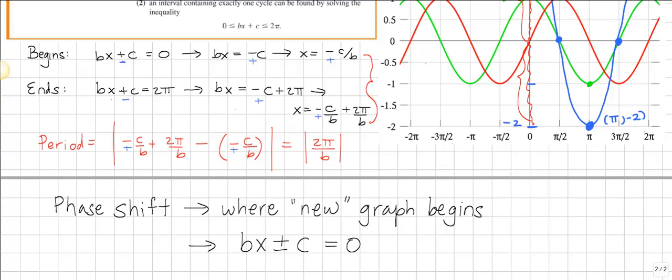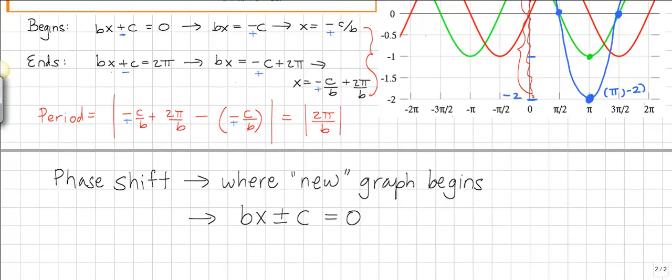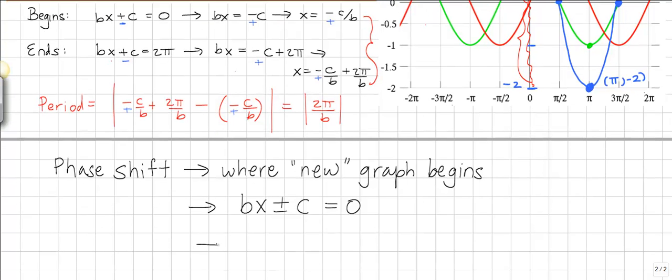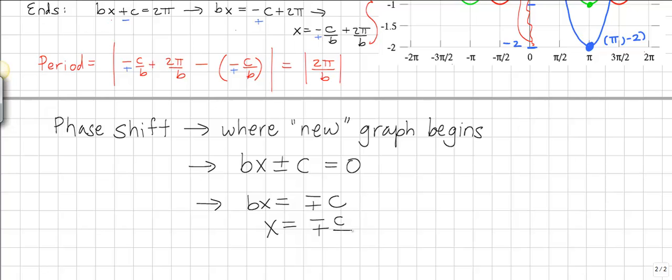Instead of x equals 0 being the beginning point, bx plus or minus c is the beginning point, and if you solve either one of those for x, you get the fact that you could have shifted left or you could have been shifting right depending on the plus or minus in the original, and so your phase shift would be one direction or the other.